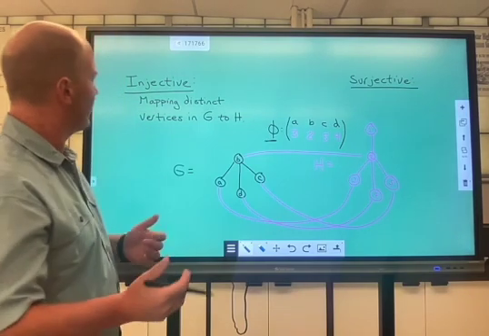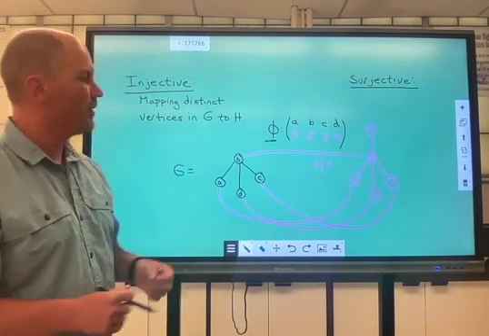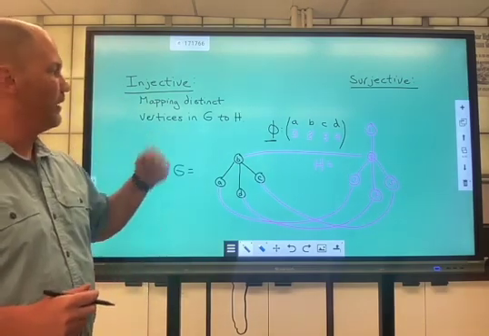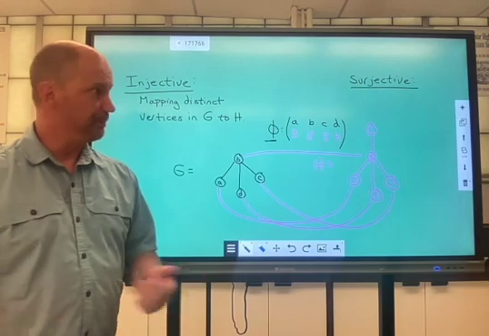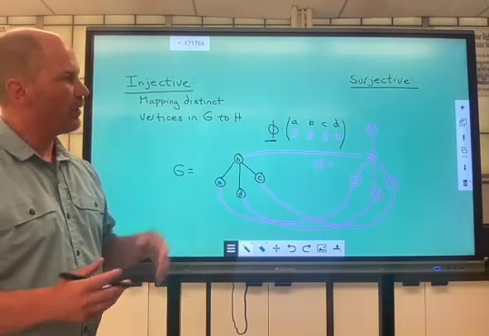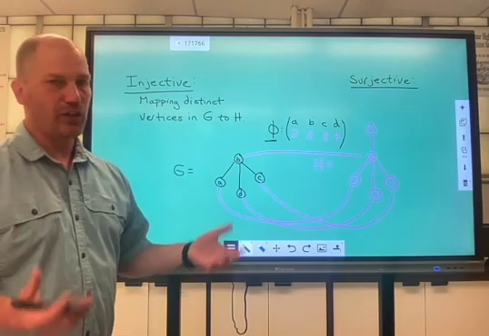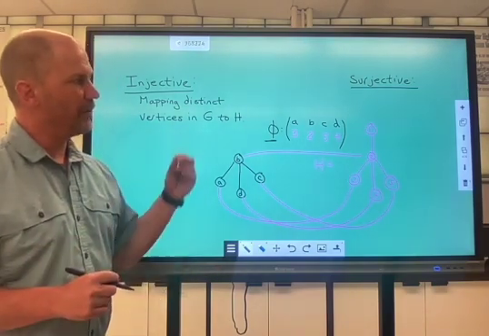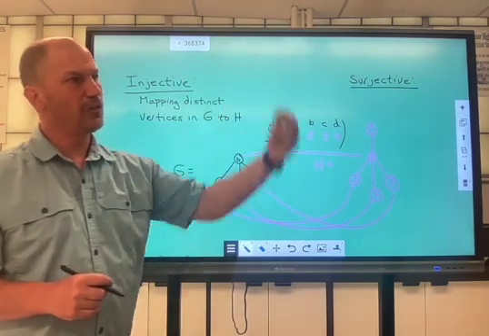And so we could look at this and go, hey, this is an injective function because we have created a mapping of distinct vertices in G to H. However, for us to create a bijective function, which we'll talk about momentarily, this needs to be surjective.